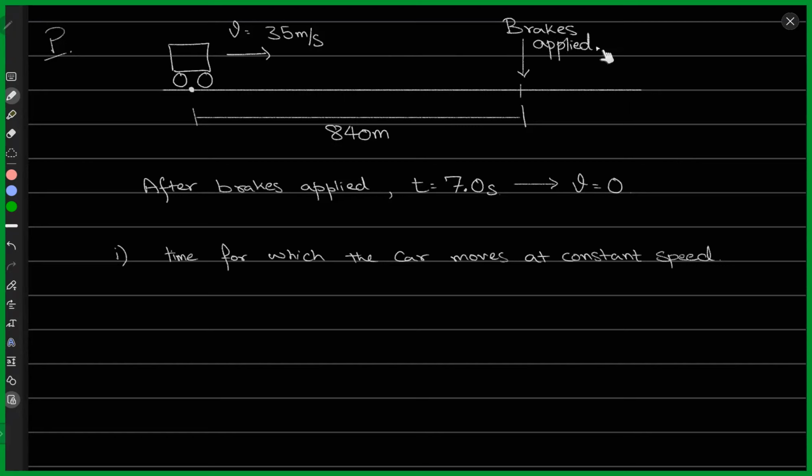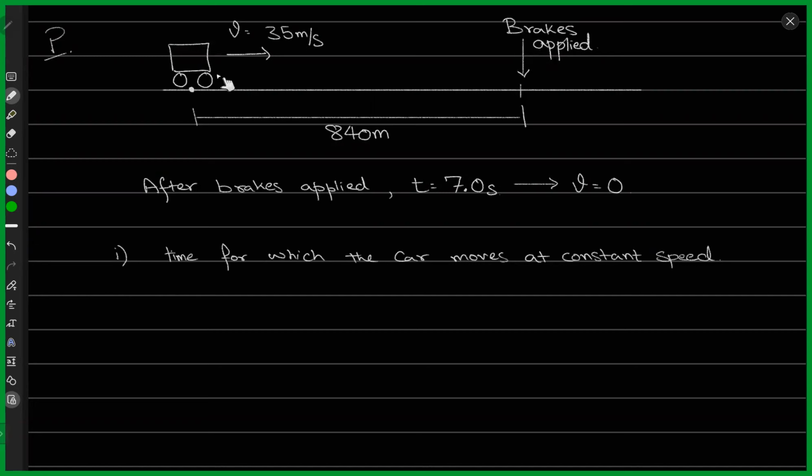So as soon as the driver pushes the brake, the car will not be moving at a constant speed anymore, because when the brakes are applied, it will start slowing down the speed. So speed is no more a constant. So we want to find out the time from this position to this position, just before he applies the brake.